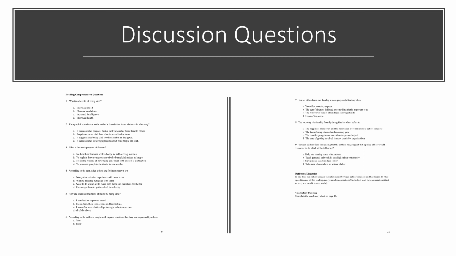In the reflection discussion, it says, in this text, the authors discuss the relationship between acts of kindness and happiness. In what specific areas of this reading can you make connections? Include at least 3 connections. That's to yourself, to another text, or to the world. So you're supposed to do all 3 of those as you were reading.